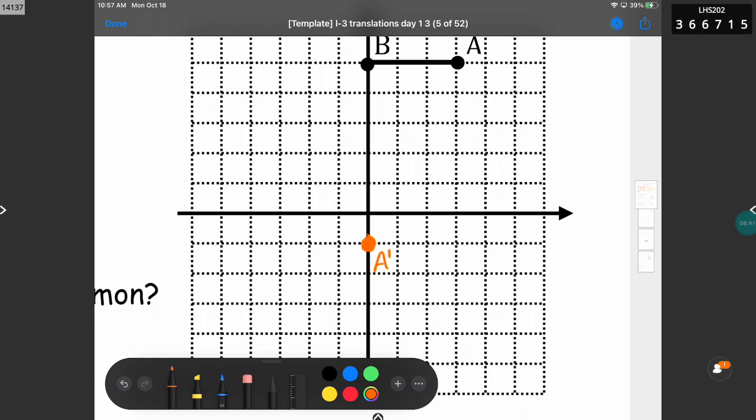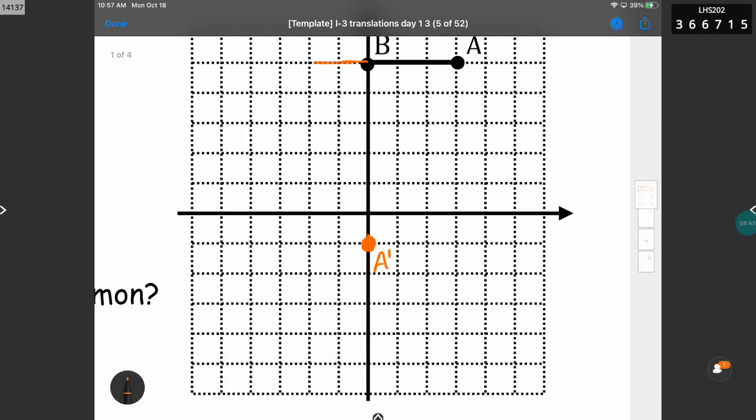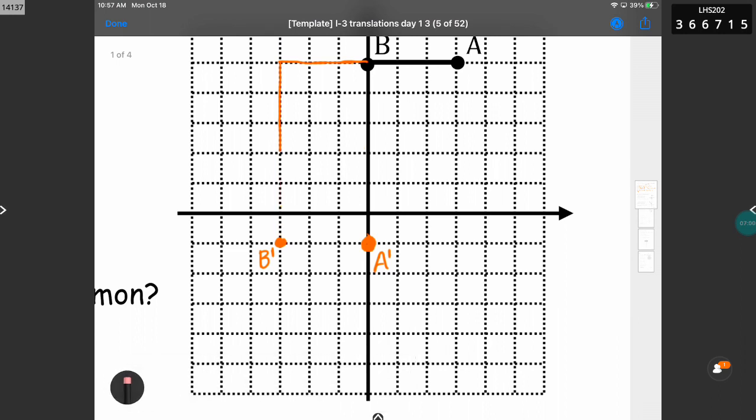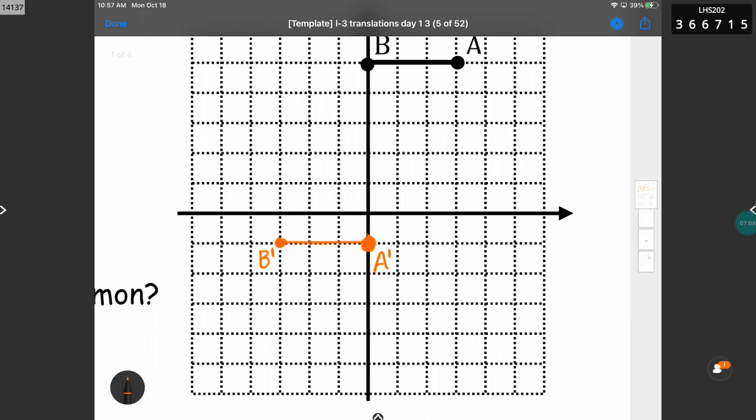So B, once again, I'm going to go left 1, 2, 3, and then down 1, 2, 3, 4, 5, 6. I'm going to put this point, label it B prime, and then go back to delete my lines. Then I'm going to draw a line to connect my 2 points.